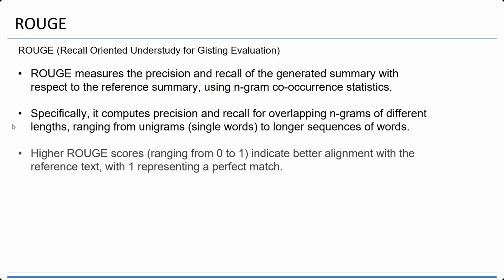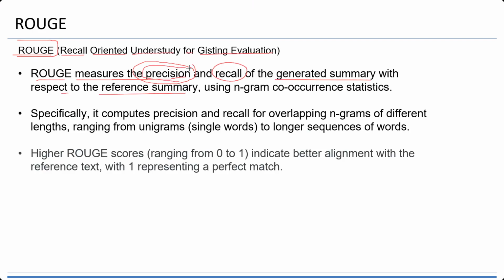Let me start with ROUGE. ROUGE stands for Recall-Oriented Understudy for Gisting Evaluation. In ROUGE, it measures the precision and recall. Okay, so those are the two metrics of the generated summary with respect to the reference summary.